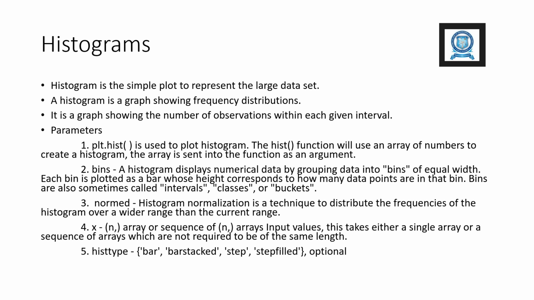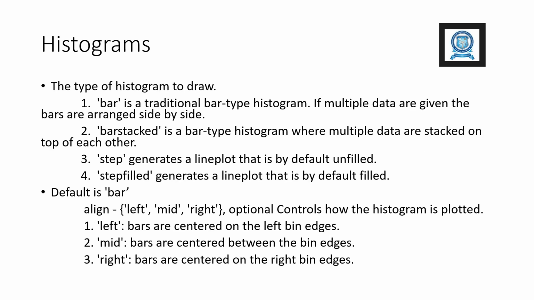Fifth parameter is histtype, that is, values can be bar, barstacked, step, stepfilled, and it is an optional parameter. The types of histogram to draw are: bar, a traditional bar type histogram. If multiple data are given, the bars are arranged side by side.